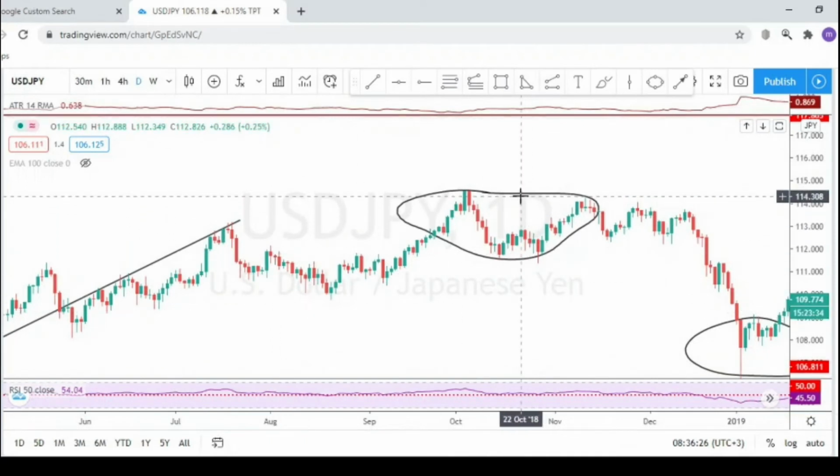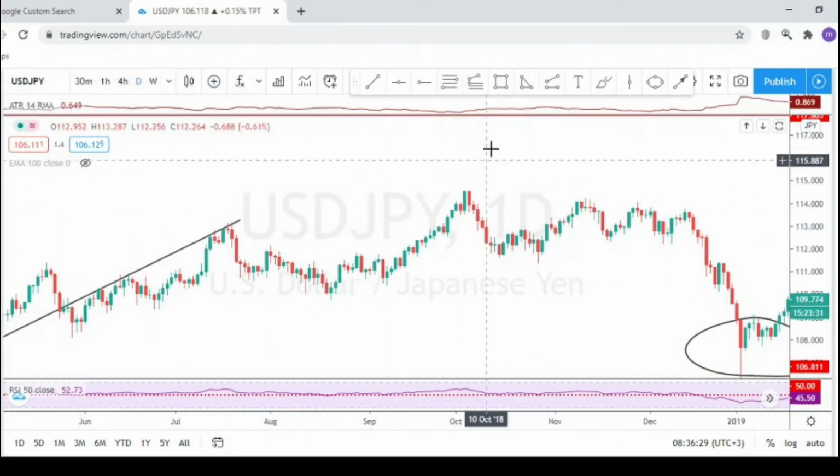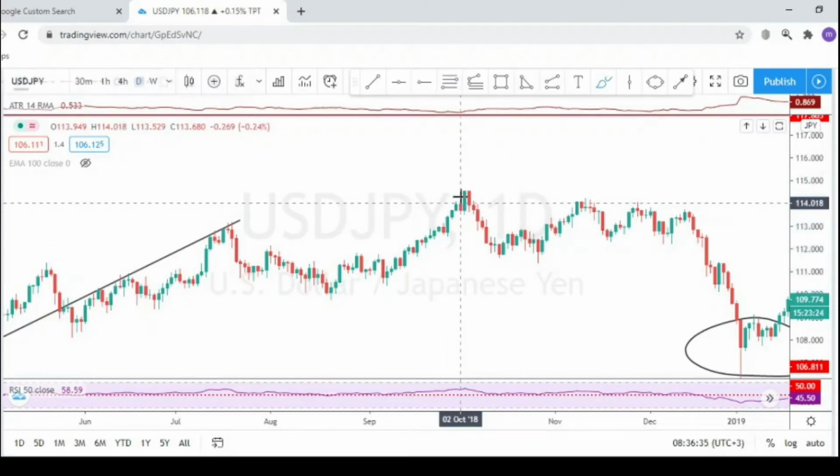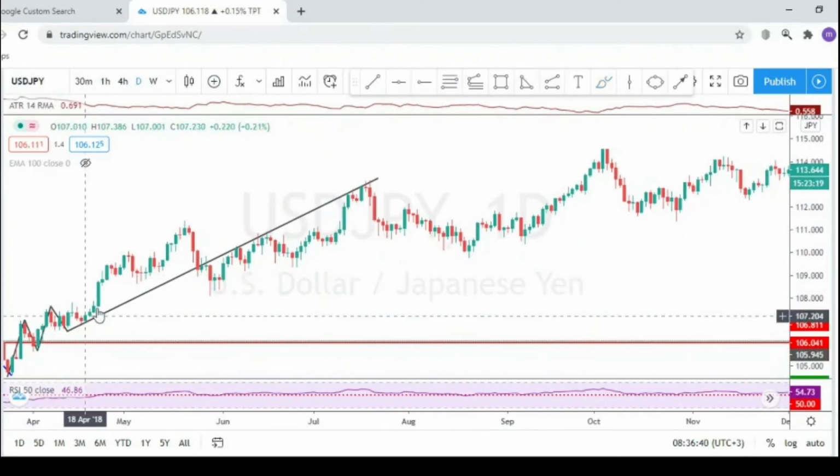Another example, guys, is here. This one is another example. And what do you see? You see a market that is trending to the upside.